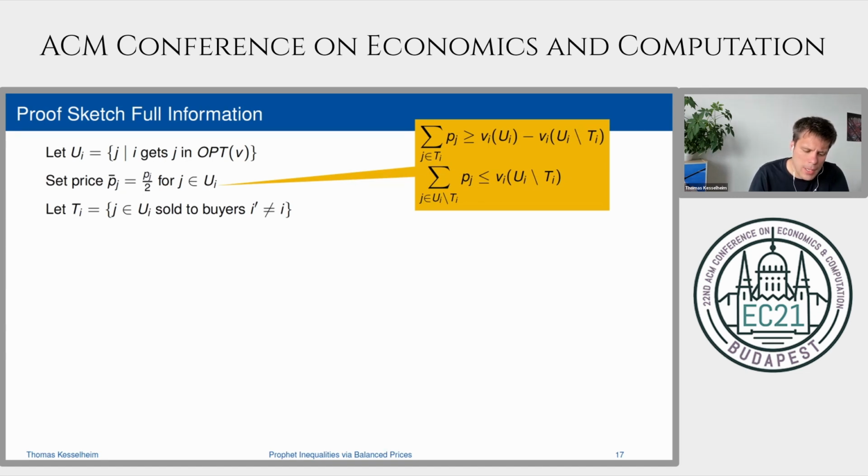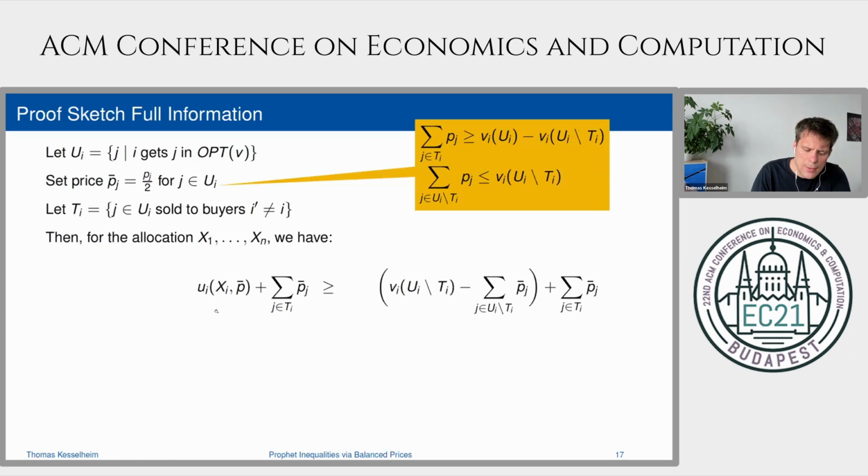What happens now? Let's see what happens to buyer i. Buyer i's utility is at least the following. What can buyer i do? Buyer i can, for example, buy Ui take away Ti.